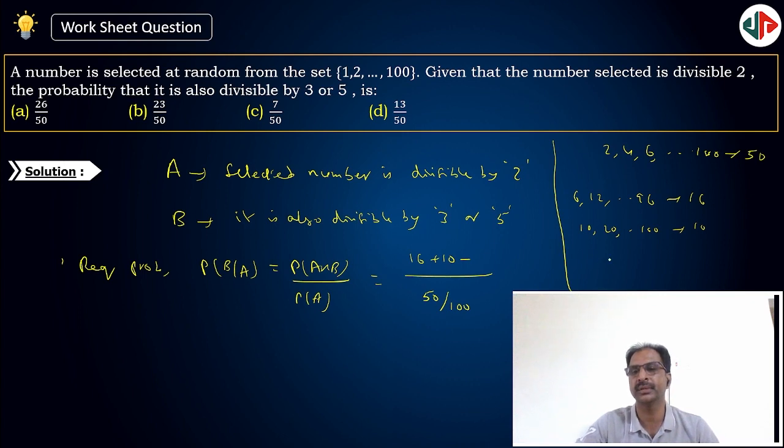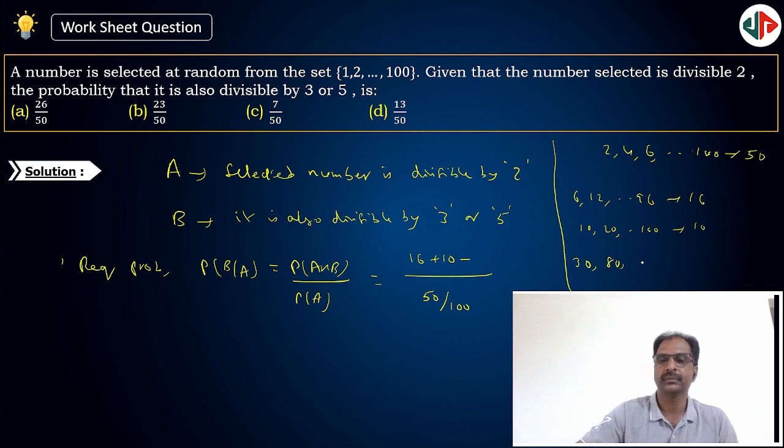What are the common numbers? 30 will be one common number, 60, and 90.